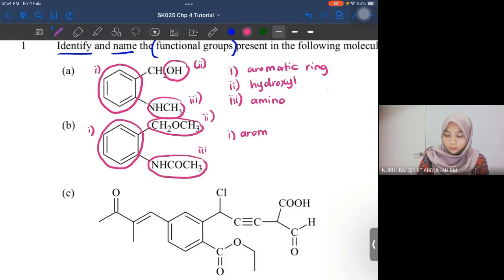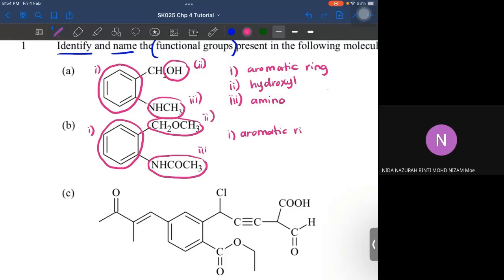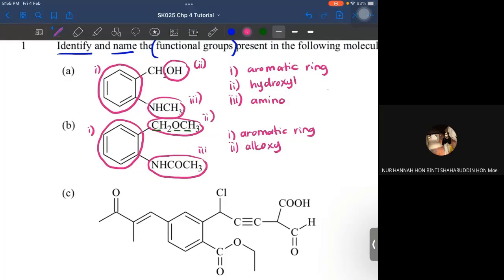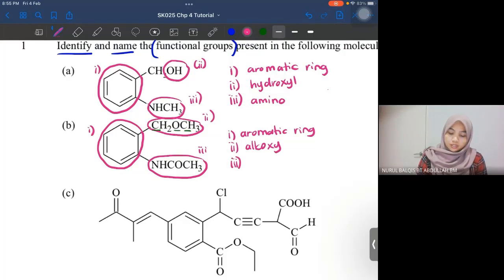What about number 2? Alkoxy. Alkoxy, because you could see you have carbon, O and carbon. They are in the same chain. So dia adalah alkoxy. What is the class of compound when you have alkoxy group? Ether. Good.